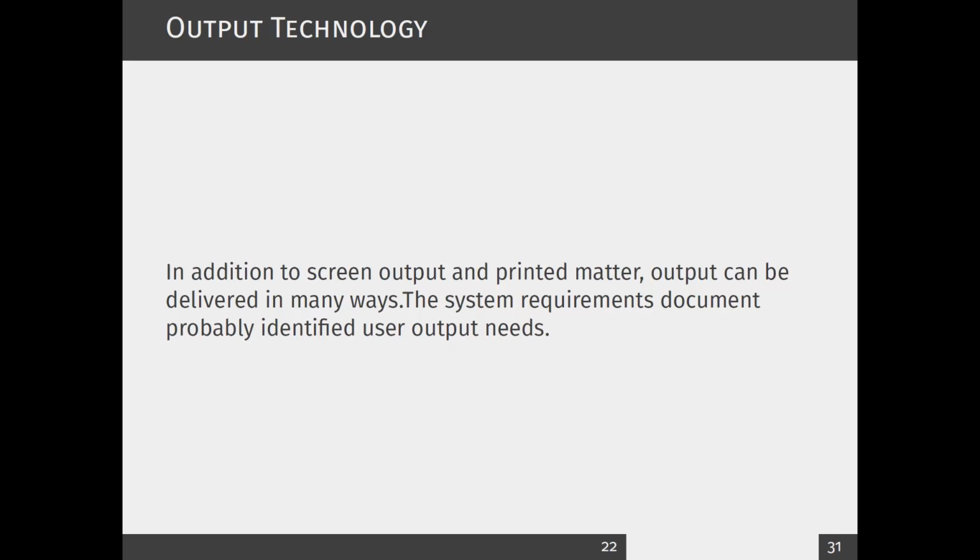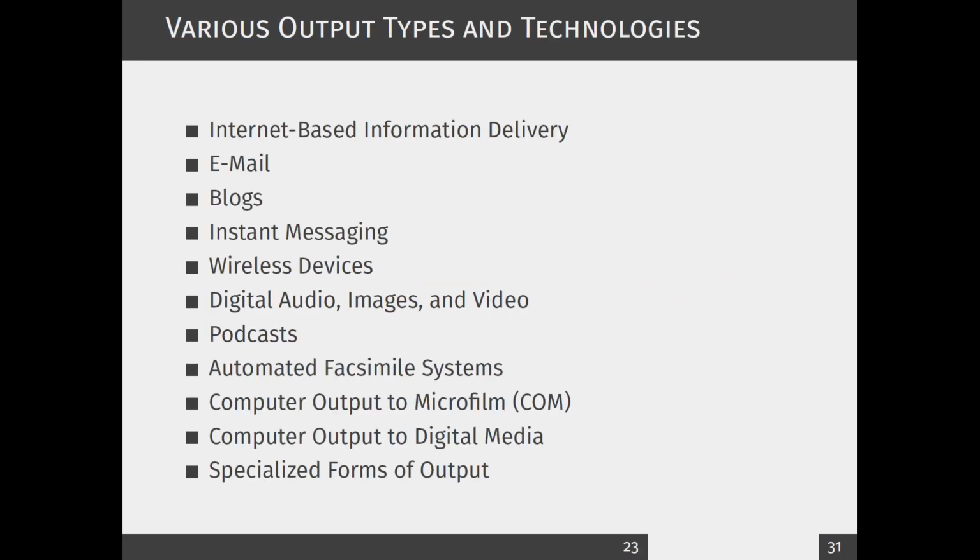So let's look at the output technology. We have screen output and printed matter. Output can be in many ways, and the system requirements document probably identifies the output needs. Now, various output types and technologies.